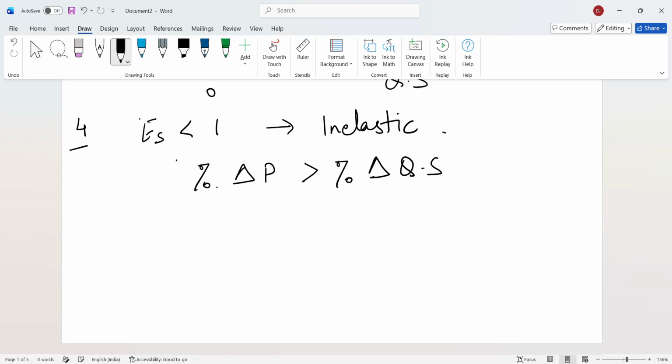So if the percentage change in price is, let's say, 5%, then the change in quantity supplied would be less than 5%, any number less than 5%. Here I'll take, let's say, 4%. If the percentage change in quantity supplied is less than the percentage change in price, we say that the supply is inelastic.